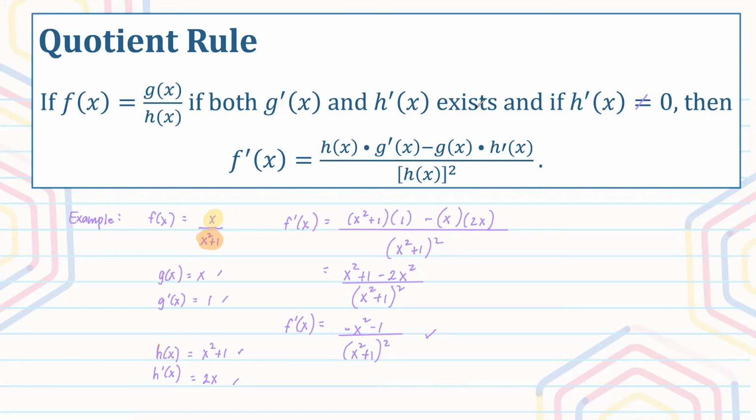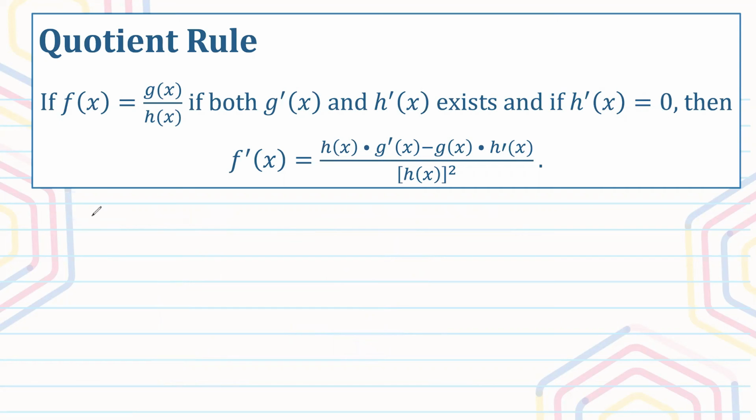Next, let's go to another example. We have here f of x is equal to 1 over x. All right? So in this example, our g of x is equal to 1 and g prime of x, the derivative of a constant, is 0. Here, our h of x is equal to x and h prime of x is equal to the derivative of x, which is 1.